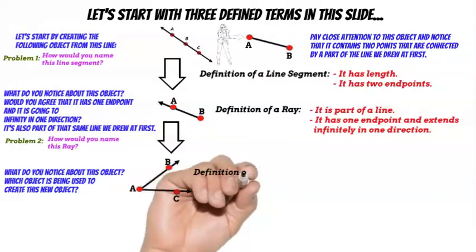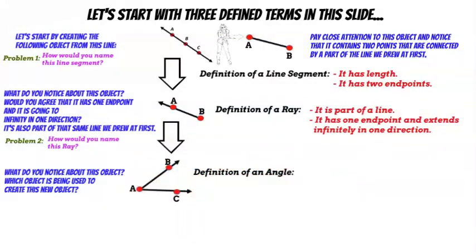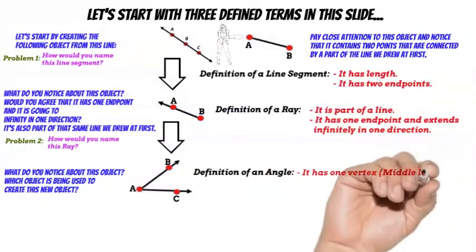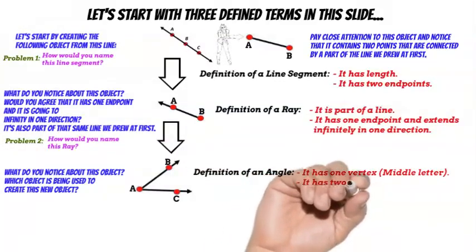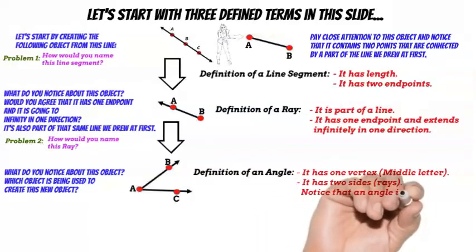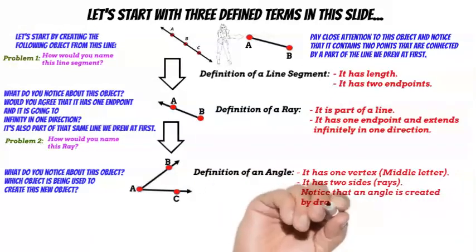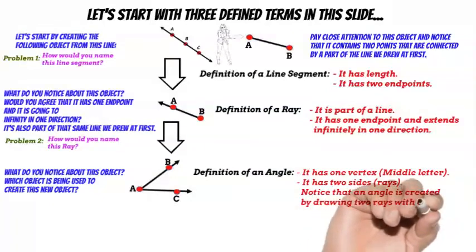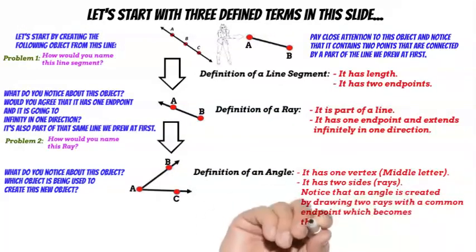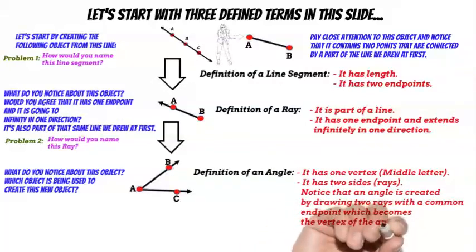Okay, and let me give you now the definition of an angle. An angle has 1 vertex and it has 2 sides, and the sides are made up of rays. Notice that an angle is created by drawing 2 rays with a common endpoint, and this endpoint is a vertex of the angle. So here comes problem number 3. How would you name this angle?